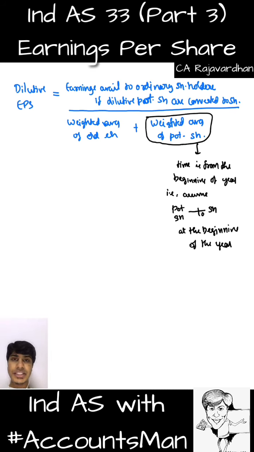Now I told you a lot of potential shares: debentures, shares, ESOP. So we'll see it case to case as to how it will impact our diluted EPS. We'll discuss it with regard to our numerator as well as our denominator.